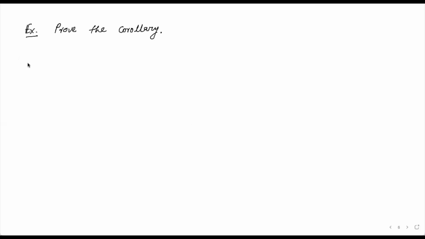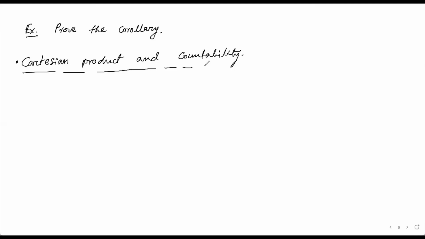So: Cartesian product and countability. Let us state the theorem.